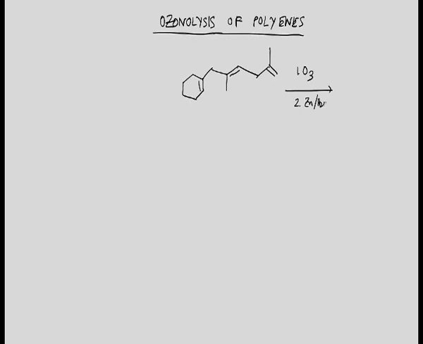Ozonolysis of polyenes, that we will discuss with some examples. Suppose you do the ozonolysis and then the reductive workup, zinc and acid, you can give also acetic acid.